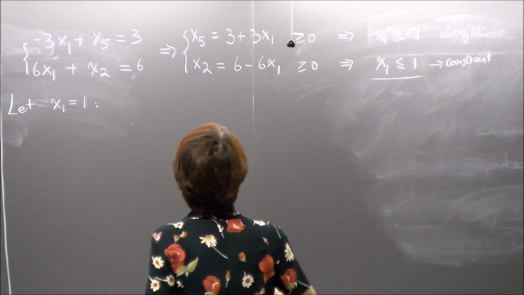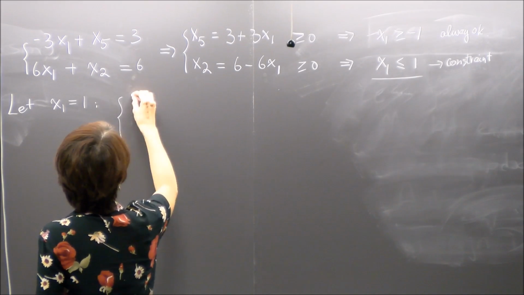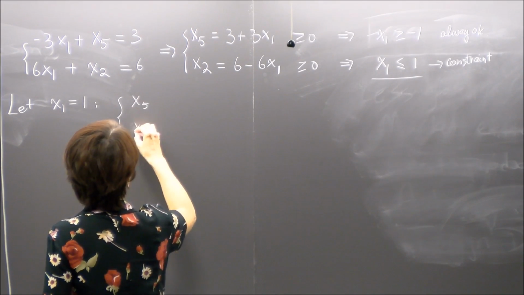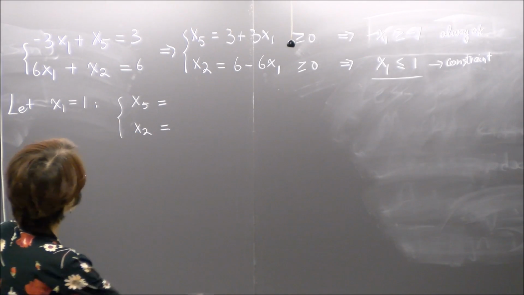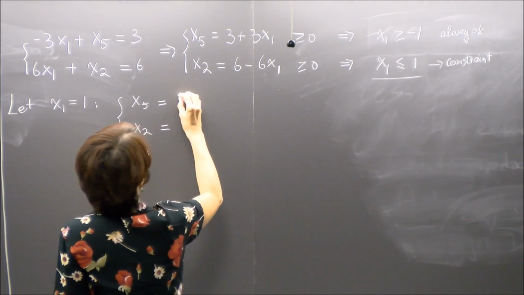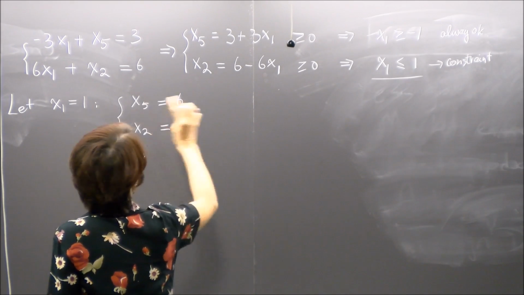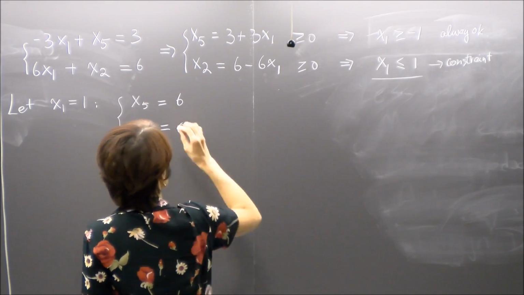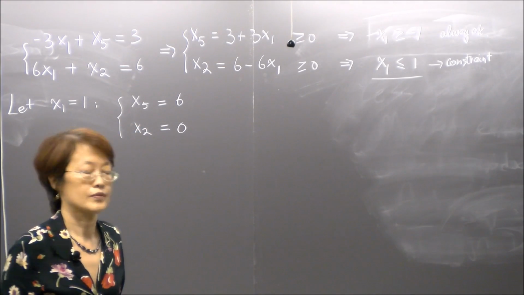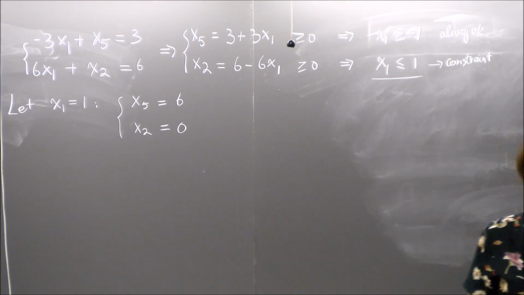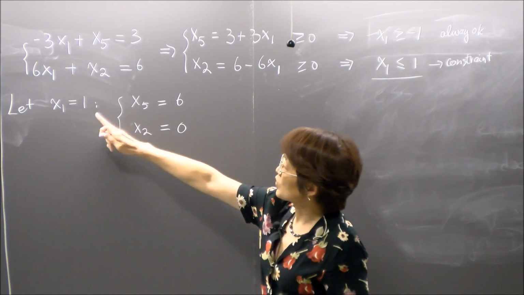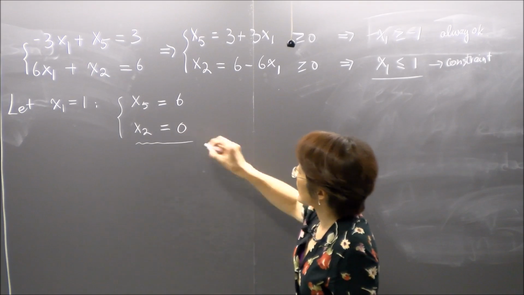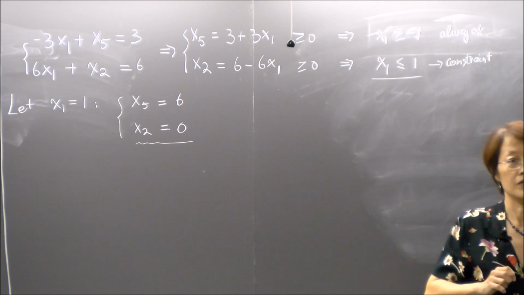And if I let that be, what will be my x5 and x2? I try to understand. So if x1 is 1, I put that in here. x5 is 6. And if I put x1 equals to 1, x2 is 0.